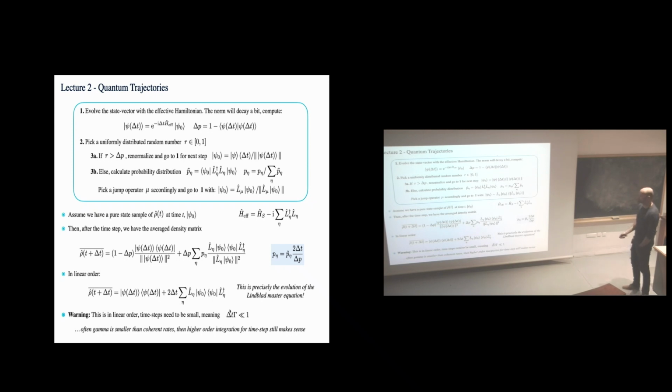Because then, if I have a gamma which is small compared to the coherent parts in my Hamiltonian, I can still use some high-order integration for my Hamiltonian piece to make that error from the Hamiltonian small enough. But then delta t times gamma has to be small, and if gamma is small, this is going to be a good approximation usually. So it still makes sense to sometimes use higher-order integration for this initial part of the simulation with the non-Hermitian Hamiltonian.